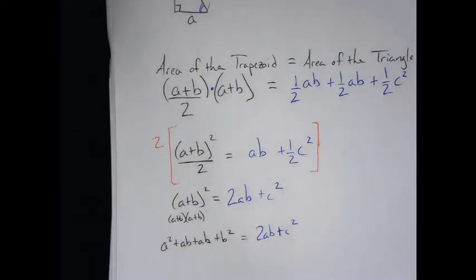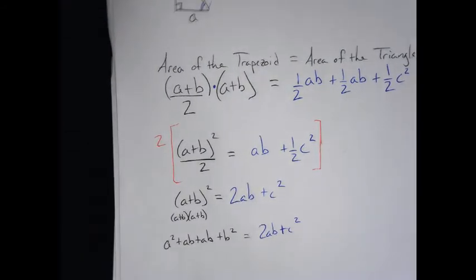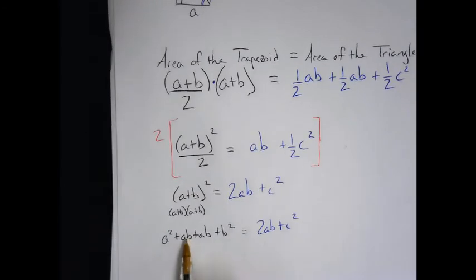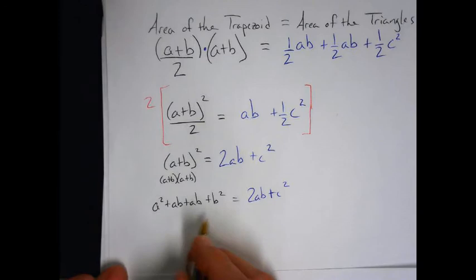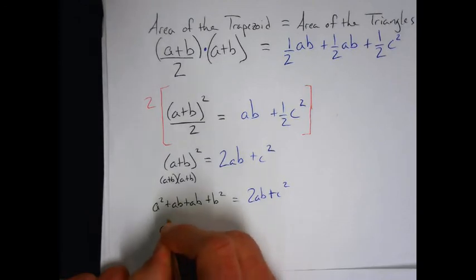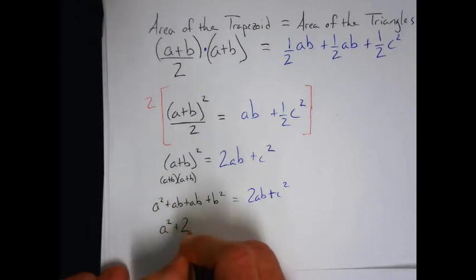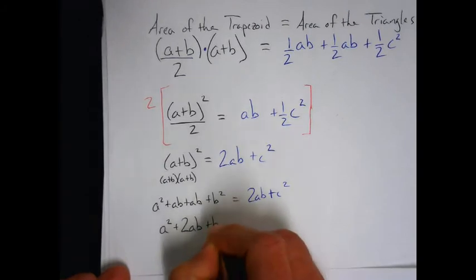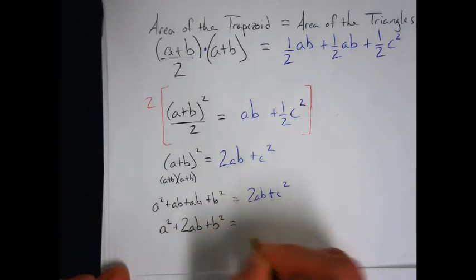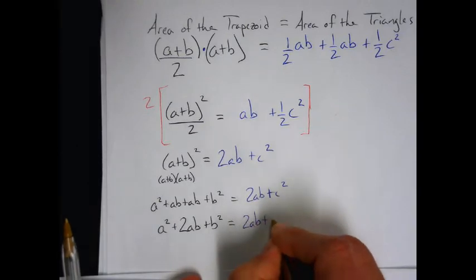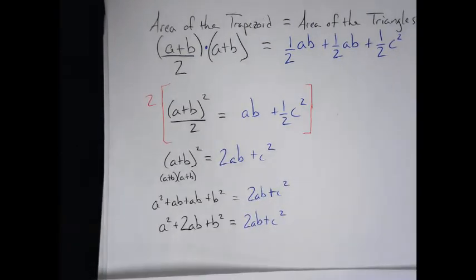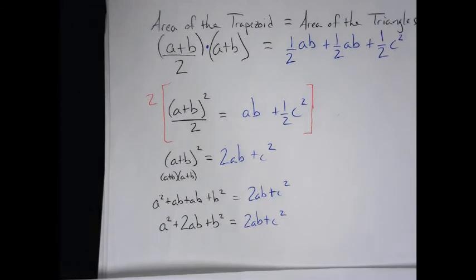So what's next? On the left-hand side, we have an AB plus an AB. How many ABs do we have? We have 2 of them. So A squared plus 2AB plus B squared would be equal to, on the right-hand side, 2AB plus C squared. Right? So far, so good? Great. So now, we've done nothing wrong. Everything is kosher. Is there anything else we can do?